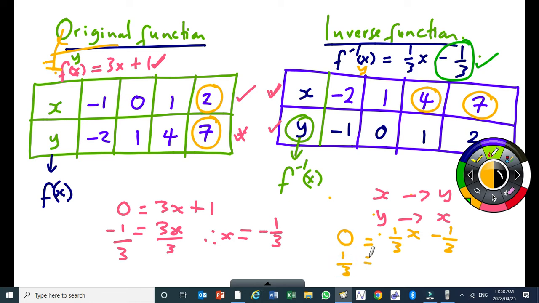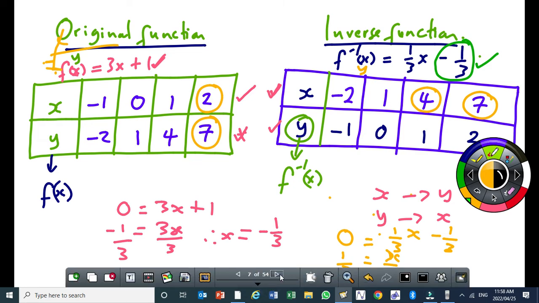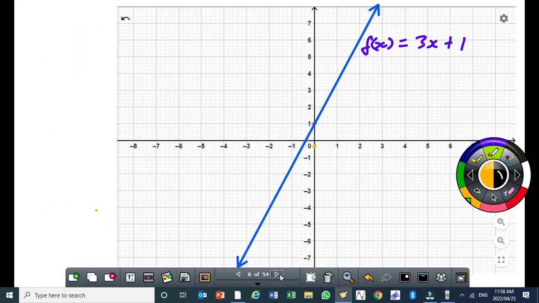I'll get a third is equal to x over 3. I hope you are aware that a third x is the same as x over 3. Since the denominator is the same, it means the numerators are the same. So x will be equal to 1. So x equal to 1 is there.